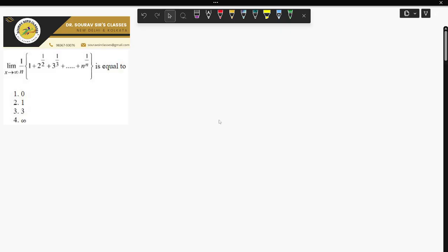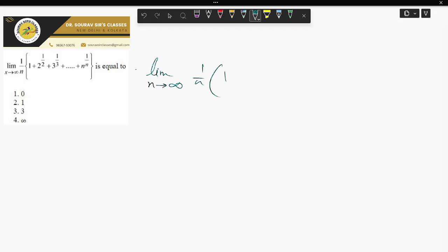So we are tasked with evaluating the limit. Let me write it on the whiteboard. Limit n tends to infinity of 1 by n into (1 plus 2 plus 3 to the power 1 by 3 plus 4 to the power 1 by 4, up to n to the power 1 by n).